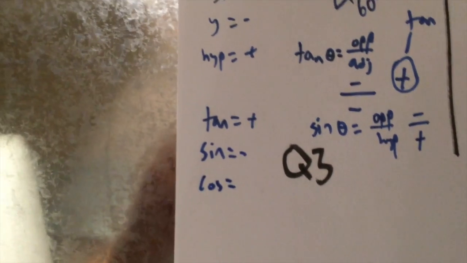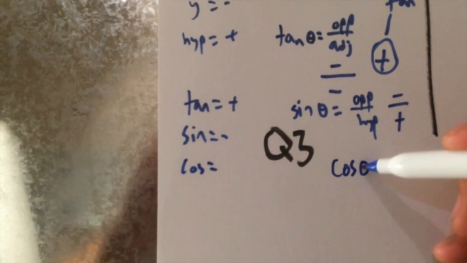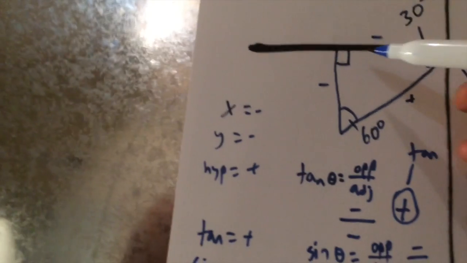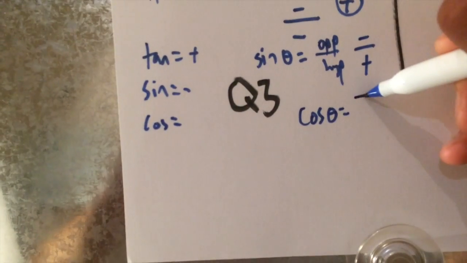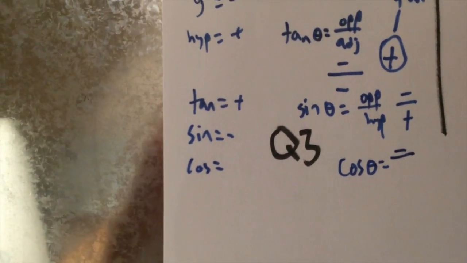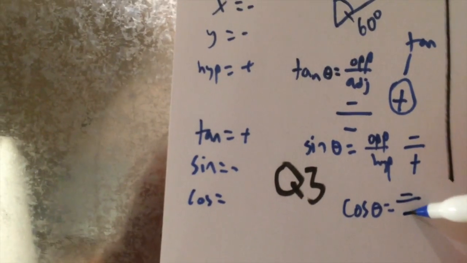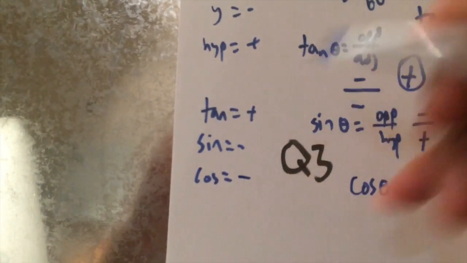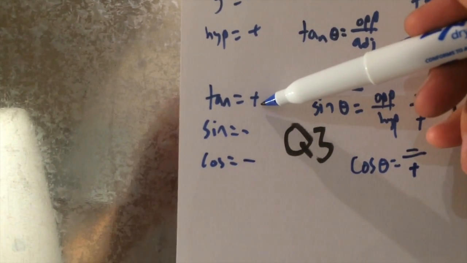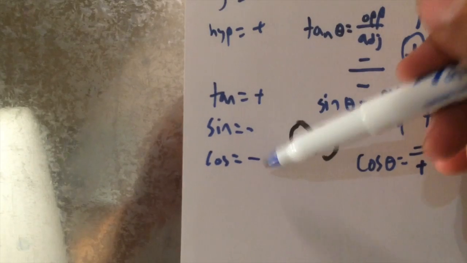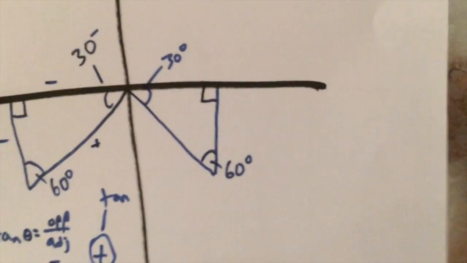And finally, for cosine, you know that the adjacent right here is negative, so it'd be negative over the hypotenuse, because cosine theta is adjacent over hypotenuse, which is positive, so the cosine would be negative as well. So now you have the tan is positive, the sine is negative, and the cosine is negative.